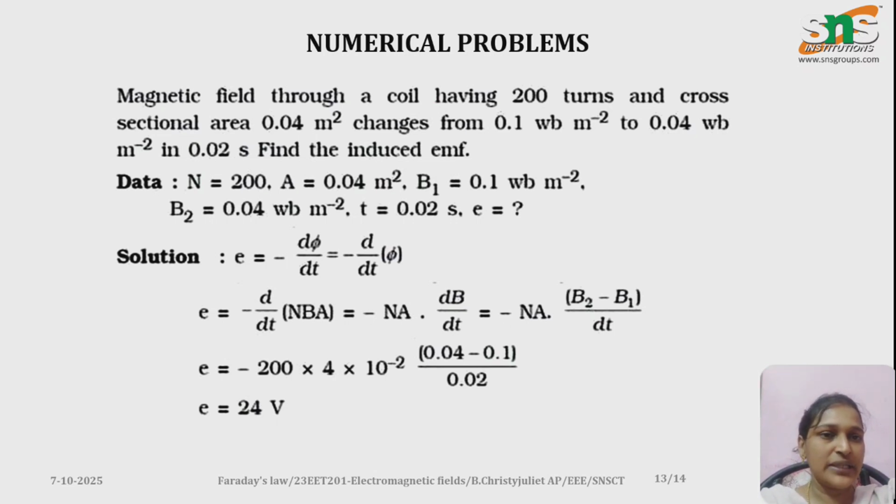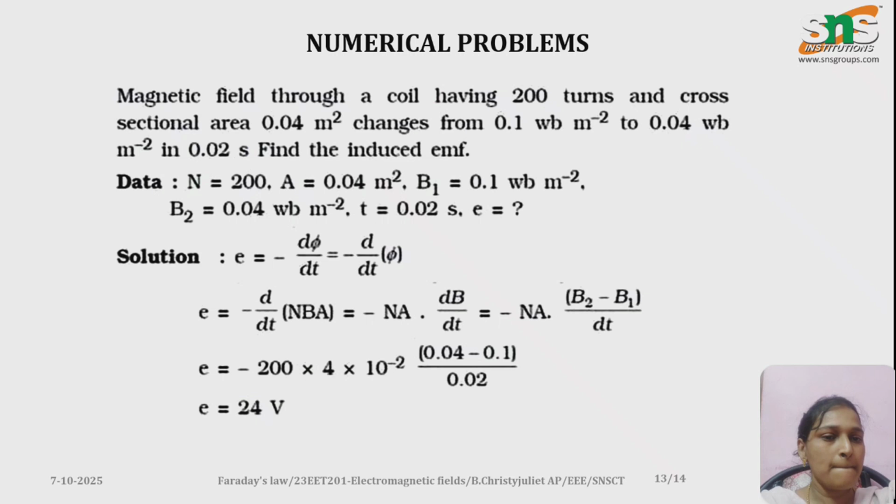The magnetic field through a coil having 200 turns and a cross-sectional area of 0.04 meter square changes from 0.1 Weber per meter square to 0.04 in a time of 0.02 seconds. Now find the induced EMF. We know that E is equal to minus d by dt of phi, which can be expressed as NBA.